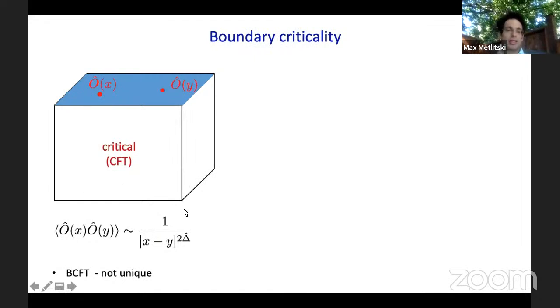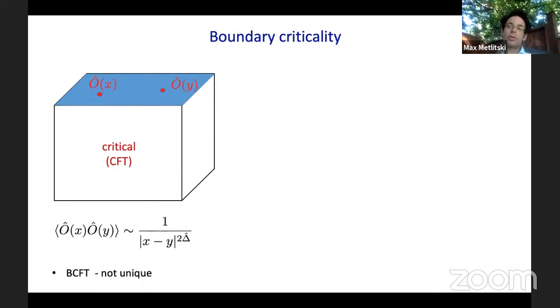It is the study of critical systems. We have a bulk system tuned to a critical point. To be precise, let's assume that this critical point is described by a conformal field theory, and we'd like to study the properties of this system in the presence of a boundary. So, for instance, we might like to study correlation functions involving operators both in the bulk and on the boundary.